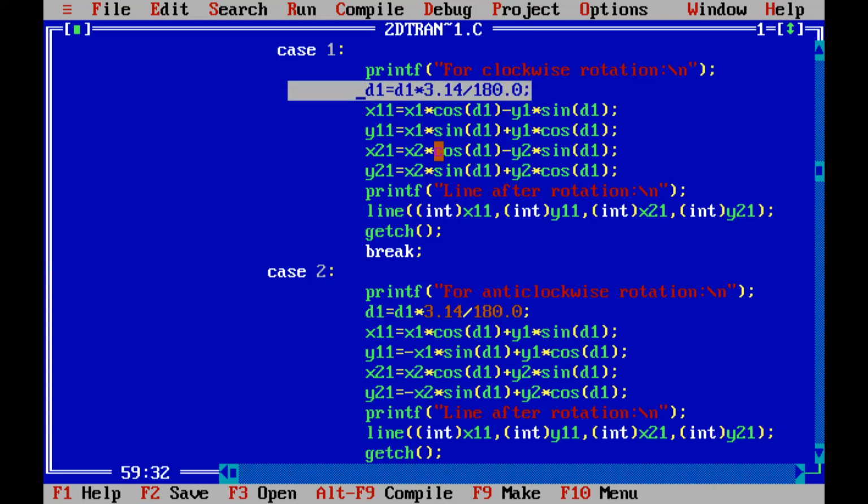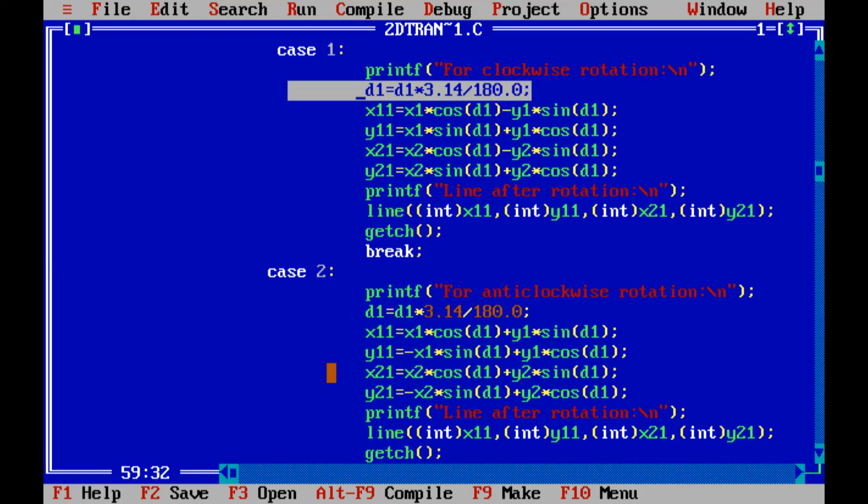To convert the angle into radian, you have to multiply it by pi by 180, right? All of you are aware of converting the angle from degree to radian.